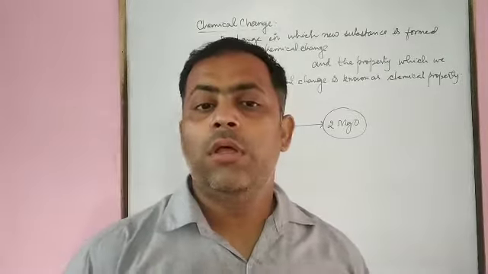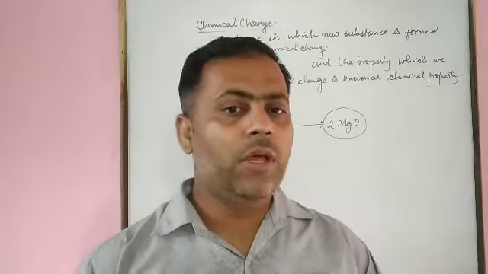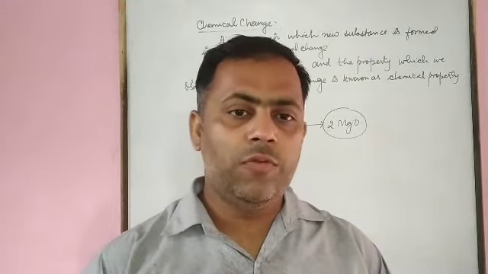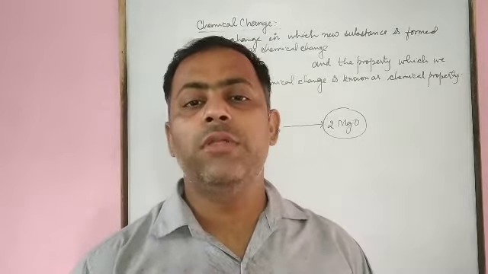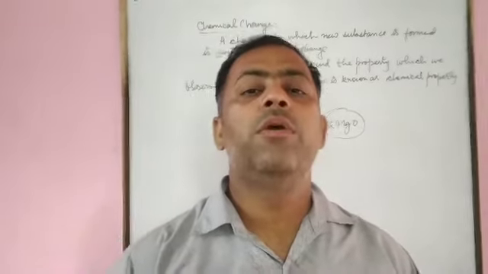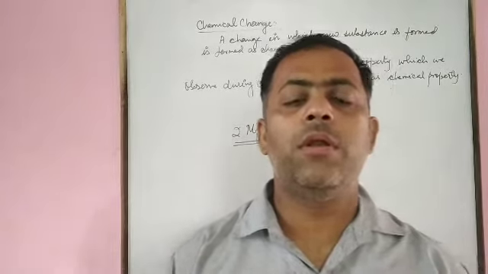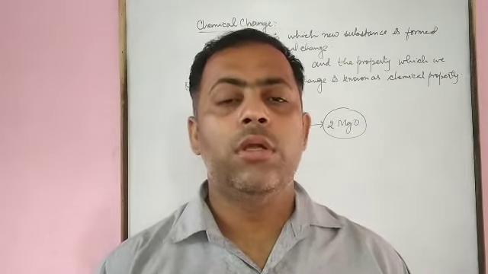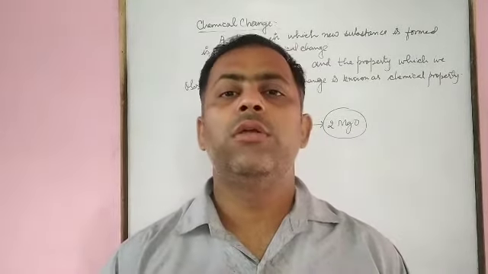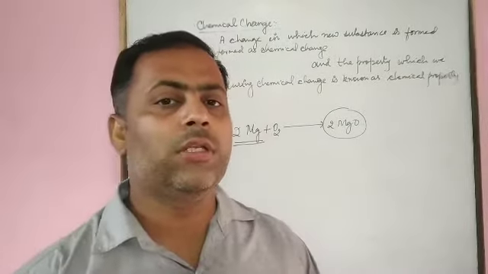Let us differentiate the physical and the chemical changes. If we have a paper and we fold it in the form of an aeroplane, then it is a kind of physical change. Why? Because before folding it was paper, and after folding it is paper. During this folding no new substance is formed, so it is a physical change.